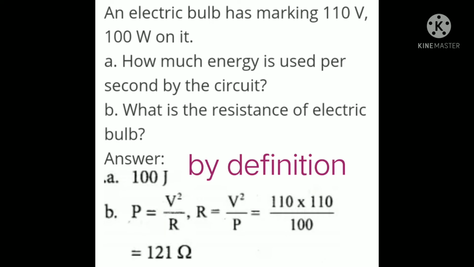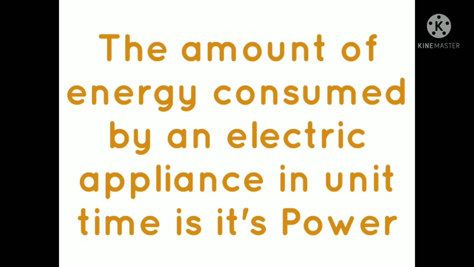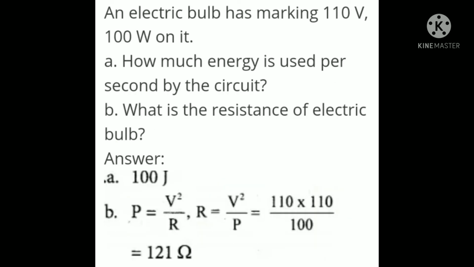First answer, by definition we know the amount of energy consumed by an electric appliance in unit time is its power. From this definition we know that energy used per second is power. Here power is given 100 watt. So the power and energy used per second is same. So our answer is 100 joule.